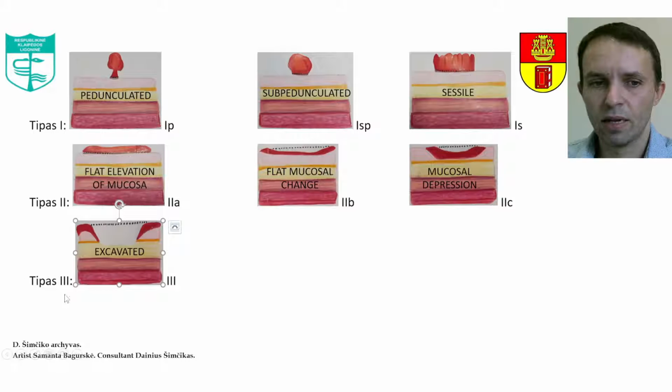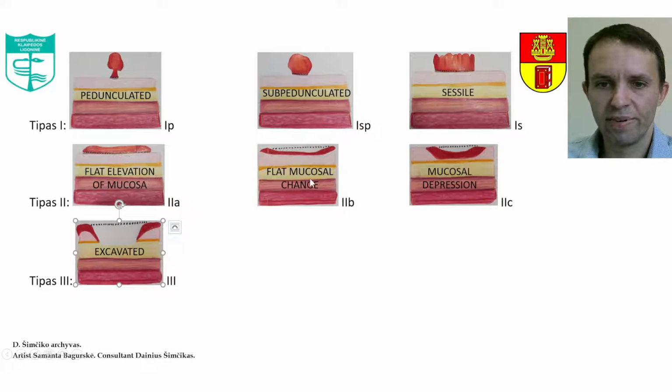Type 2 and Type 3 are flat lesions. Type 2A is a flat elevation of mucosa, and the difference between 2A and 1S is that the height of the 2A lesion is usually less than the closed biopsy forceps height.